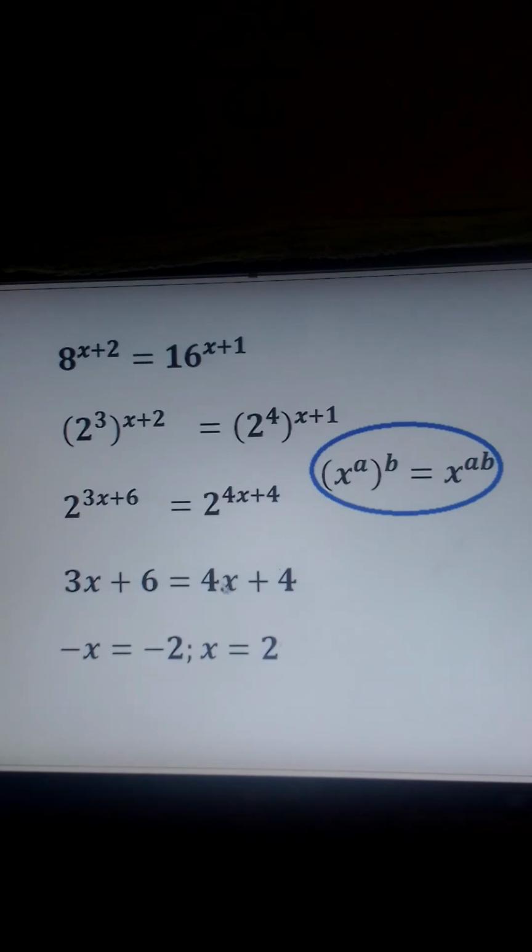So we subtract 4x from both sides. 4x minus 4x is 0, and 3x minus 4x is minus x. We subtract 6 from both sides. 6 minus 6 is 0, and 4 minus 6 is minus 2. So minus x is equal to minus 2. Dividing both sides by minus 1, you get x equal to 2. That's the answer.